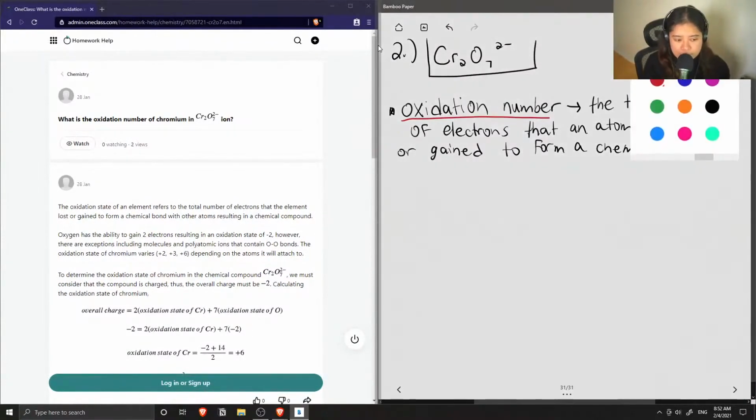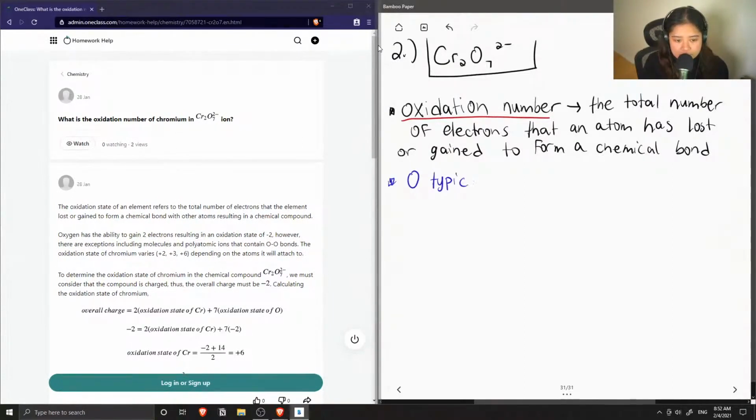Okay, so there are certain rules when calculating the oxidation number. But for our case, one of the rules is that oxygen typically has an oxidation number of -2, except when it is a peroxide.